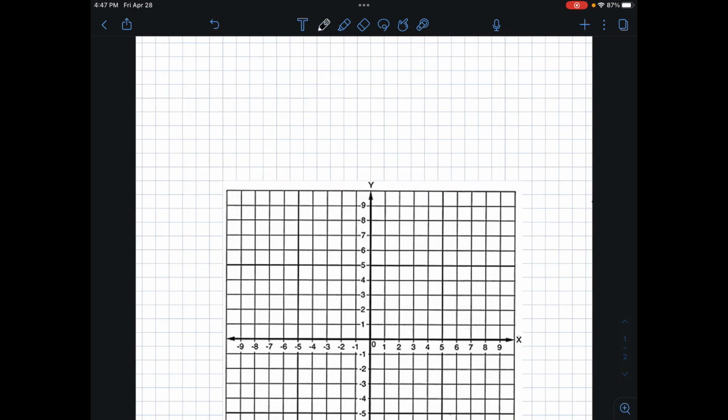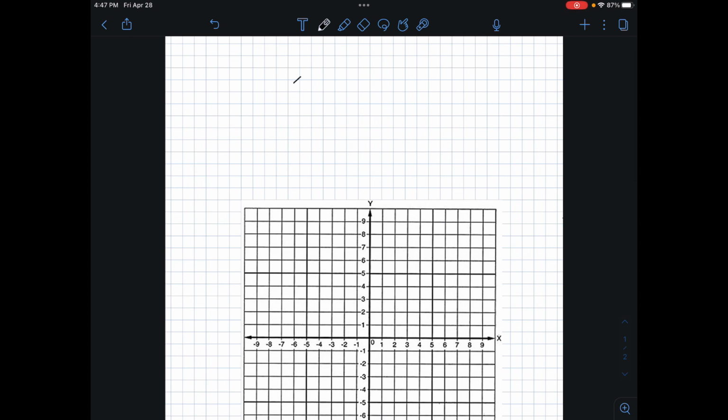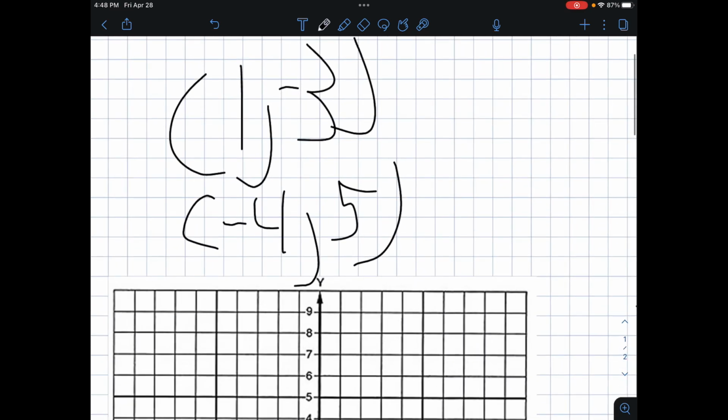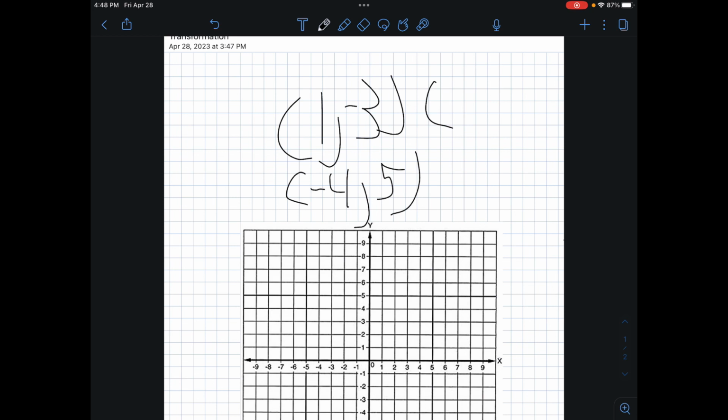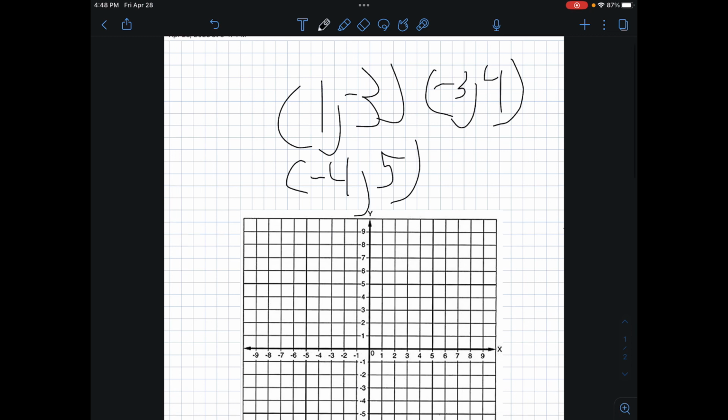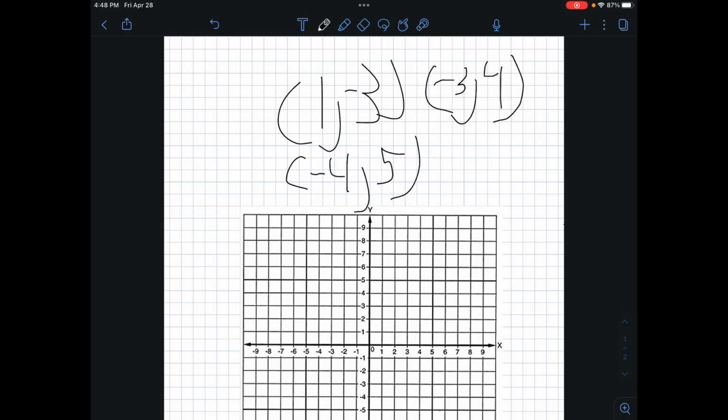So let's say 1, -3, -4, 5, and -3, 4. Now, this doesn't always have to be a triangle. It could be squares too, rhombus, rectangle, whatever.